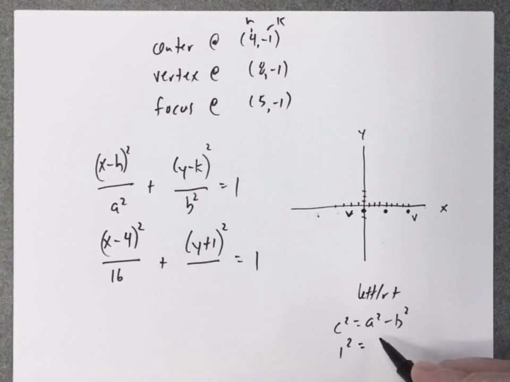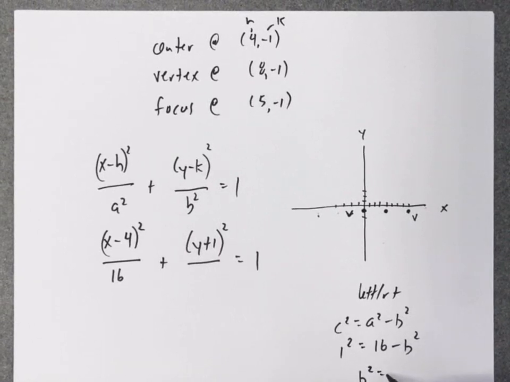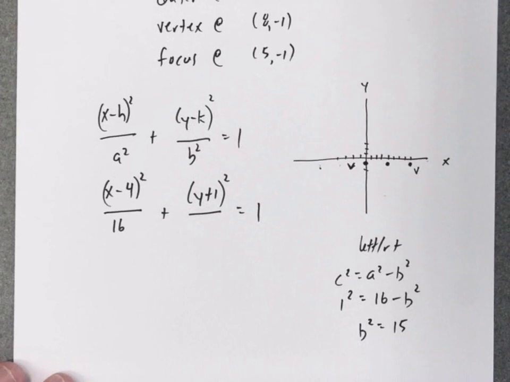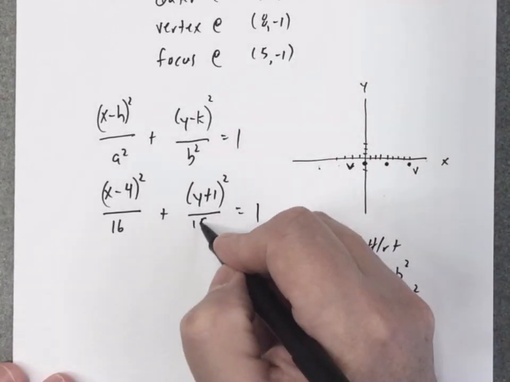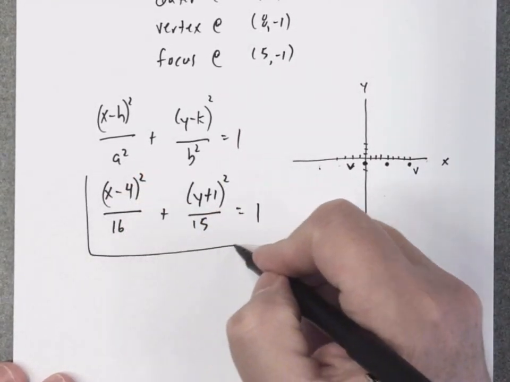So 1 squared equals a squared, 16, minus b squared. So b squared would be 15. So there's the equation of the ellipse.